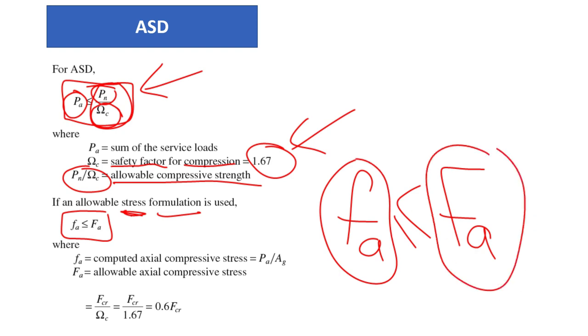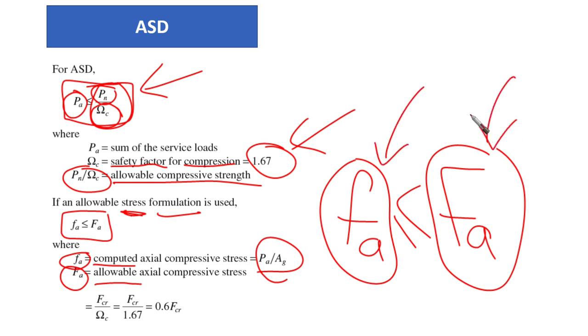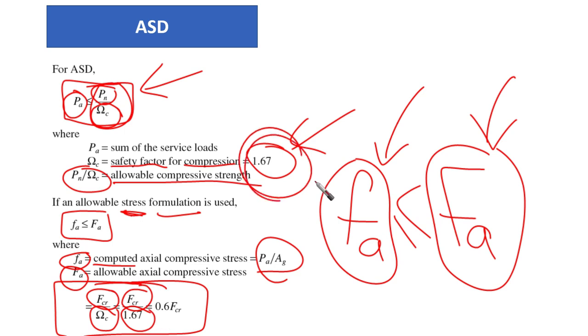The lowercase f means the computed axial compressive stress, and the capital one is the allowable axial compressive stress. Then we are going to use our famous equation, which is Fcr over omega c equals Fcr over 1.67. As we said, it is given as 1.67. Then it equals 0.6 Fcr at the end. This is the limit that we should use.